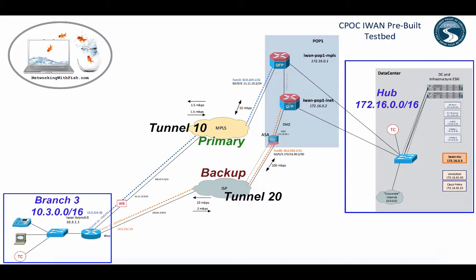So from that perspective, you would normally have one entry. So in branch 3, if you're doing this today from a primary and backup perspective, if you were to look at the routing table on branch 3, you would see one entry in the RIB for 172.16.0.0/16.